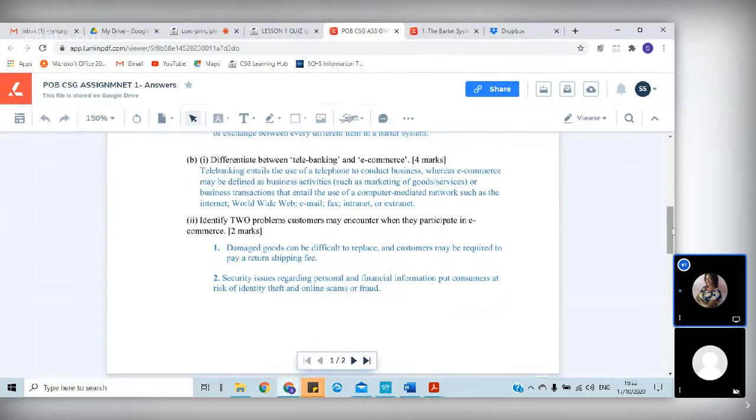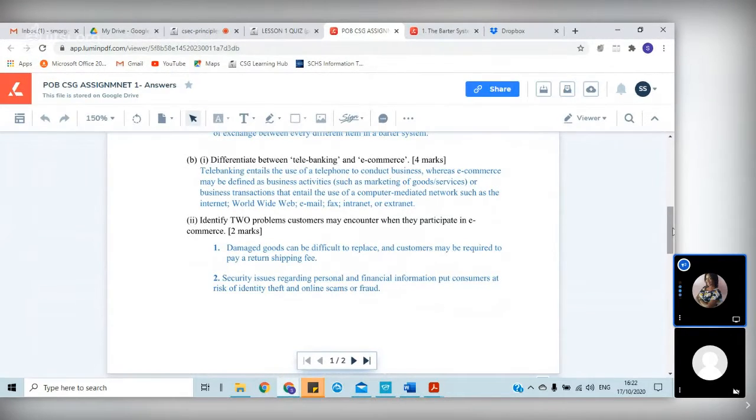Right, right. Okay. It is key to note that with telebanking, I heard you mention something about the internet. It's key to mention that telebanking involves the use of the telephone to conduct business. So you need to use a telephone to conduct business. And e-commerce can be defined as business activities such as marketing of goods and services, and also, as you mentioned, the buying and selling of goods and services.